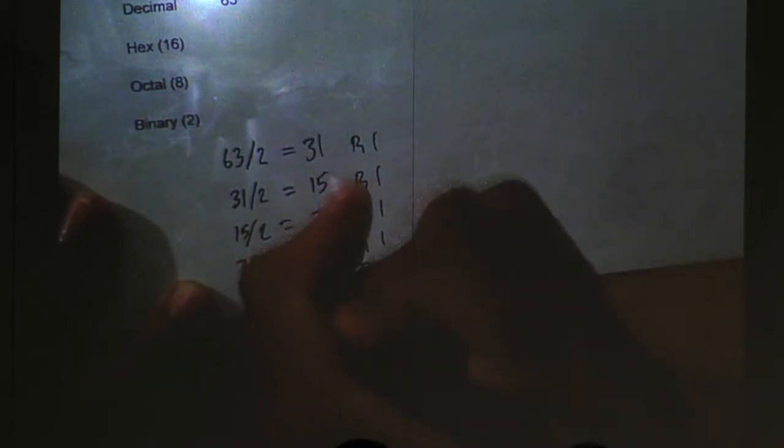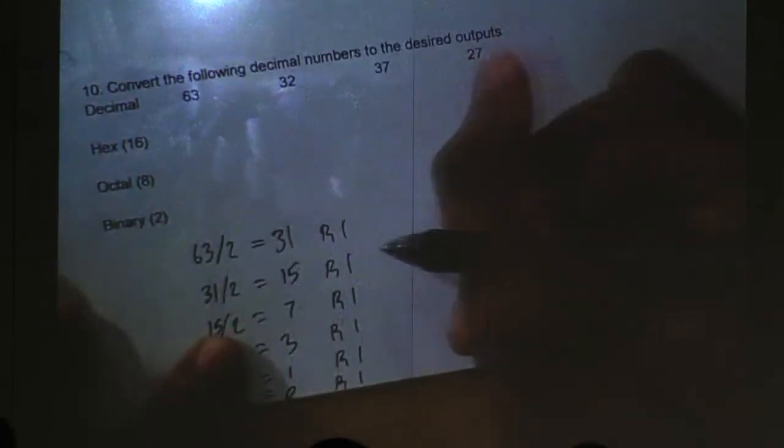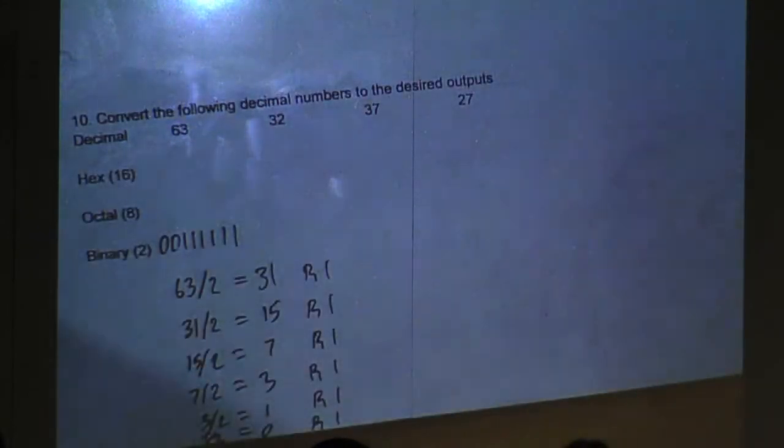And then for the last one, 1 divided by 2 gives you 0 remainder 1 here. And then this would be your binary here. And if you want to write in 8 digits, just do 0, 0, 1, 1, 1, 1, 1, 1. Make sense?